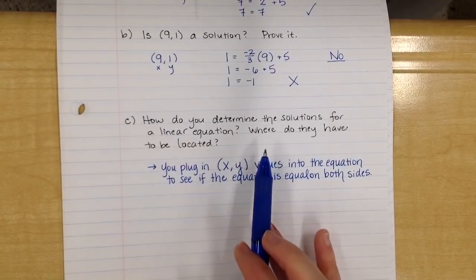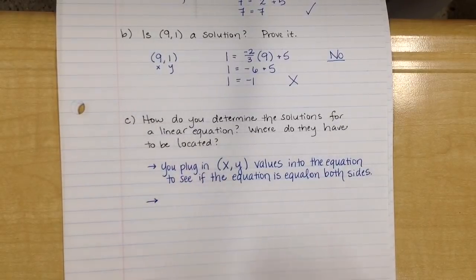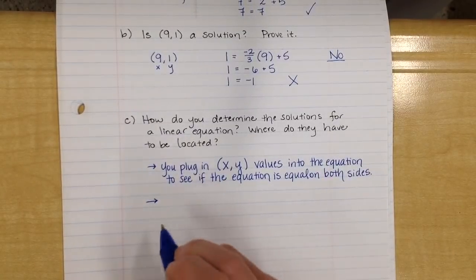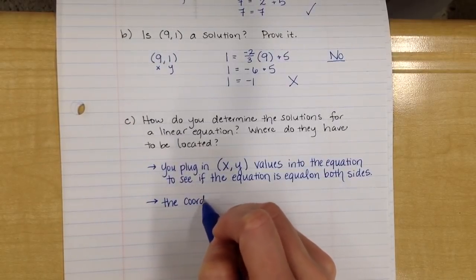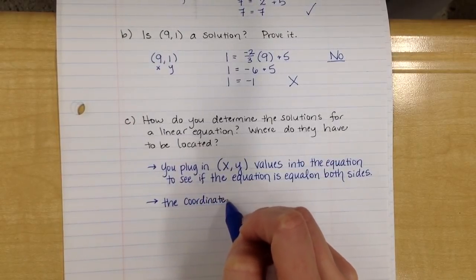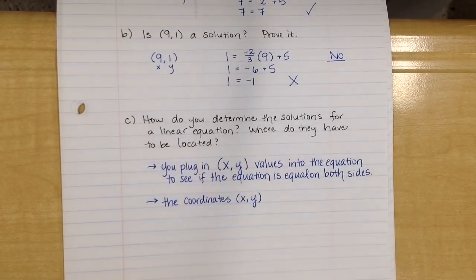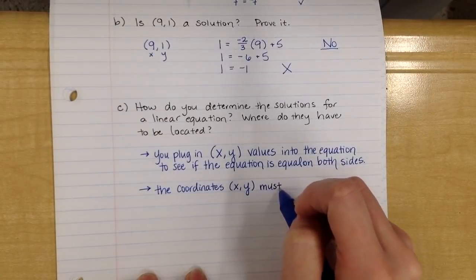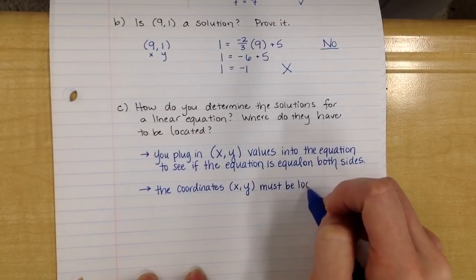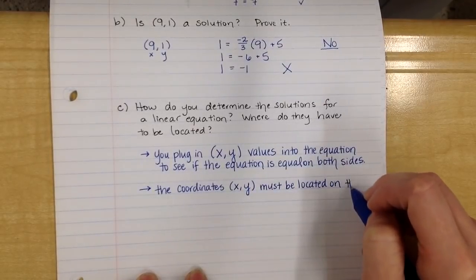Now the second question, where do they have to be located in order to be a solution for the line, for the linear equation? The coordinates x comma y, whatever coordinates we're given here, they must be located on the line itself.